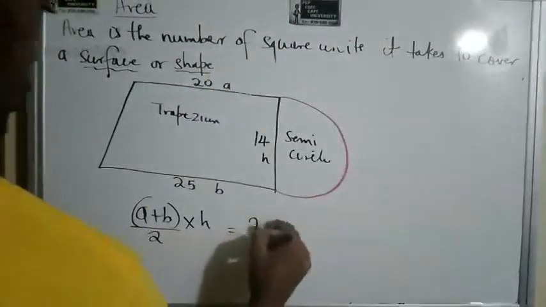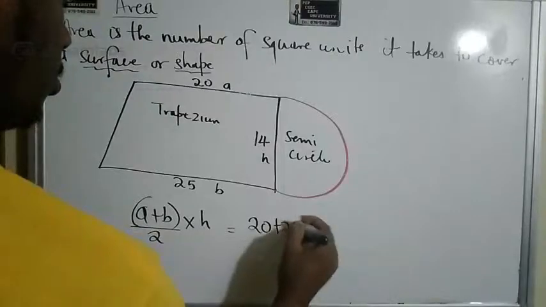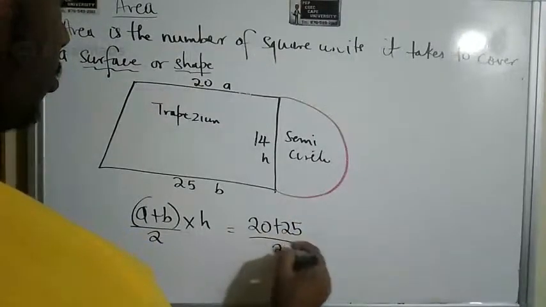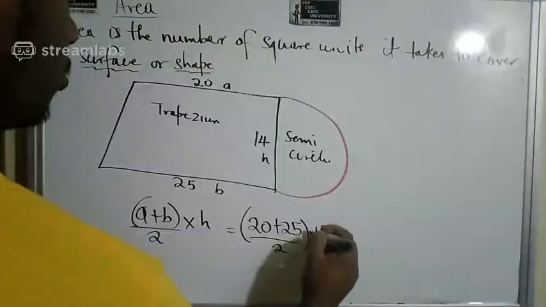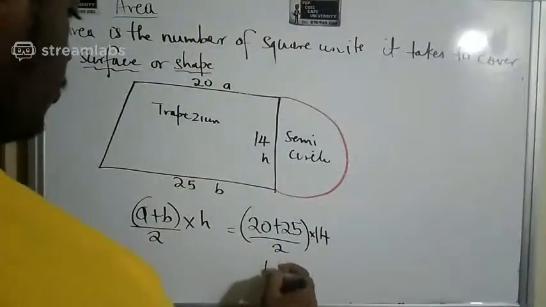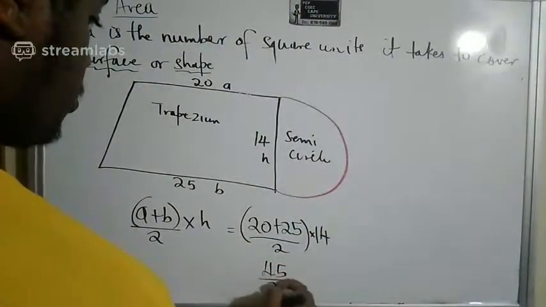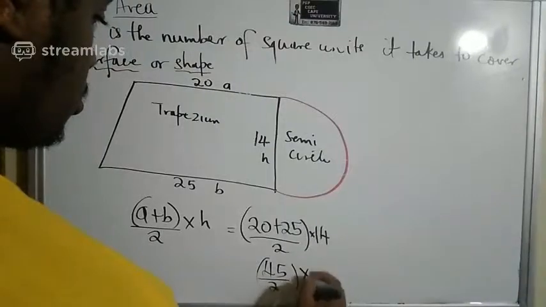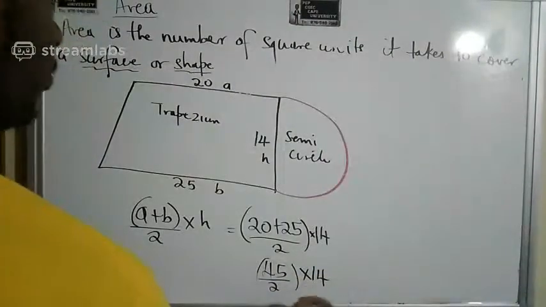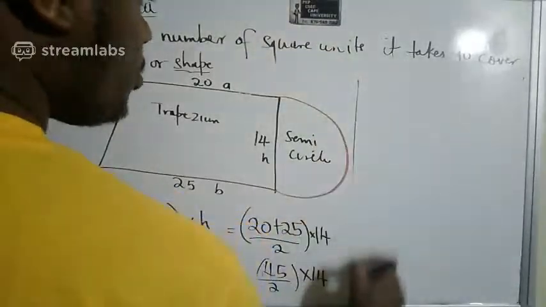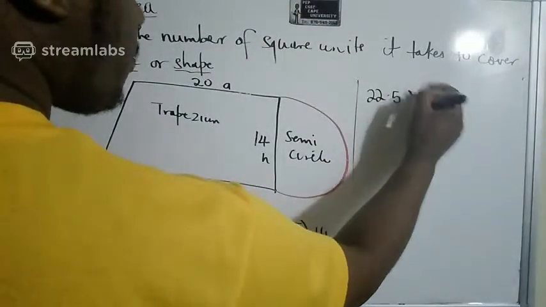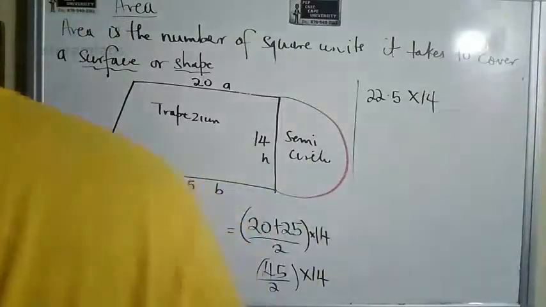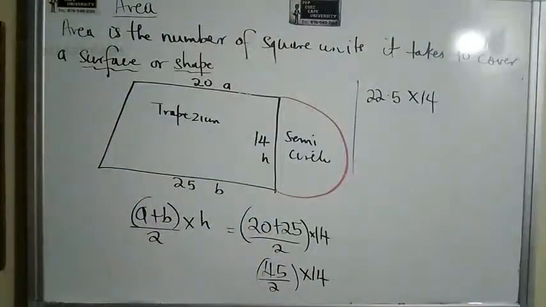A is 20 plus 25 divided by 2 times the height, which is 14. So this will be 45 divided by 2 times 14. Work out the bracket first. 22.5, so it's 22.5 times 14.